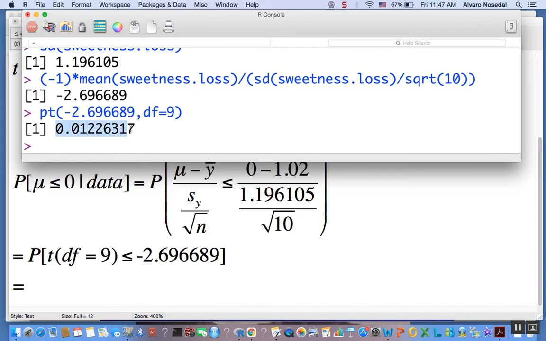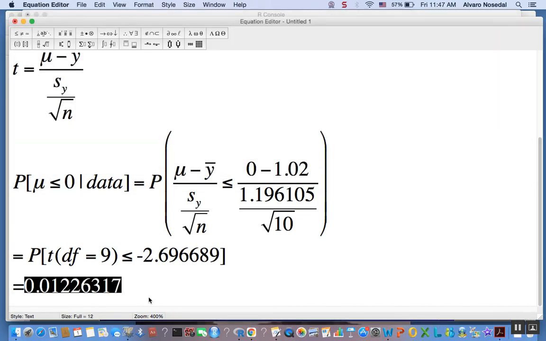So the posterior probability of our null hypothesis happens to be 0.0122 roughly. Okay, so if, for instance, we were using a 5% significance level, then since that posterior probability is less than 5%, we would reject the null hypothesis.